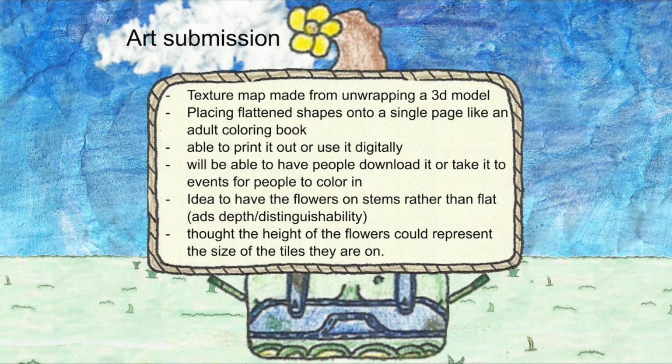Something else that has come about because of working with this 3D artist is having the flowers not being flat and standing up on stems. That way it creates a little bit more depth, but also it adds another axis, a vertical axis, that we can use to help to further distinguish layers and tile sets from one another.